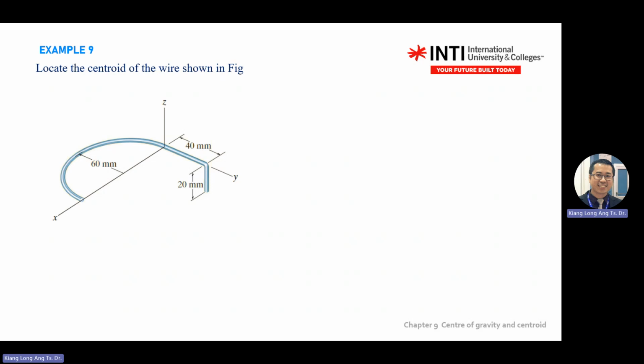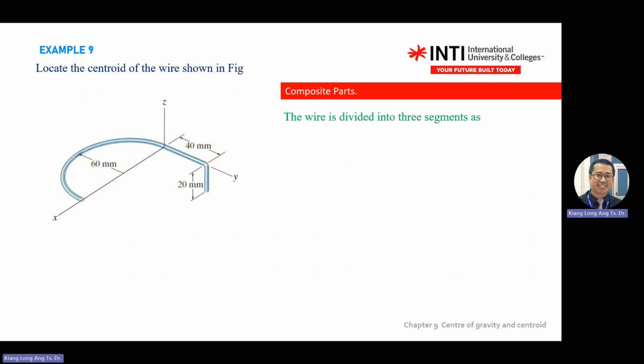Okay, so locate the centroid of the wire shown. So this one, you have a wire that you can break into 3 different shapes. We call it composite parts. So the first step to calculate a composite body or 3-dimensional body is you break it into composite parts.